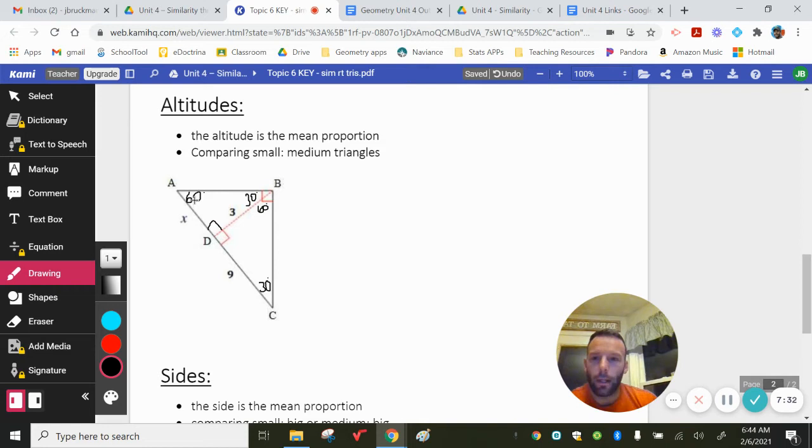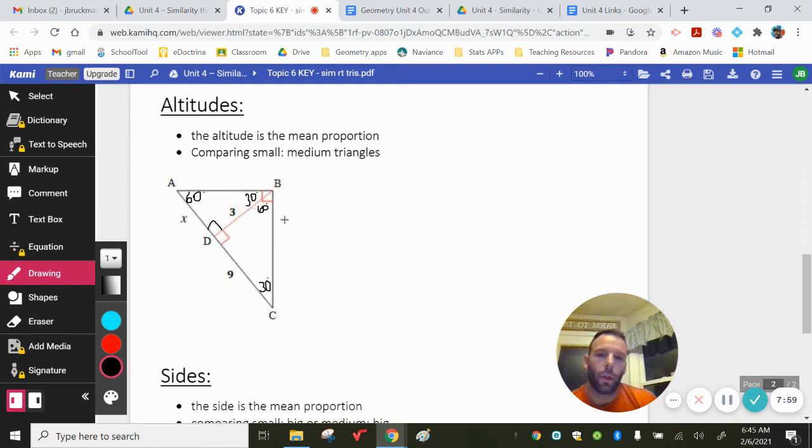So if I call angle A 60 and angle C 30, that means that this angle right here, from C to B to D, has to be 60, because that's 90, and 60, 30, and 90 makes 180. And then again, if that's 60 and that's 90, then this one has to be 30. So I always like to just choose 30s and 60s because it's always simple computation that adds up to 180 very easily like that.